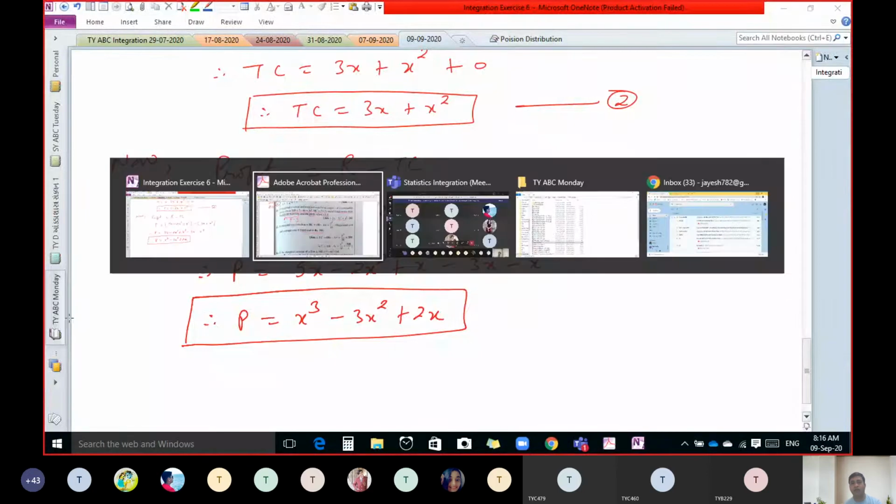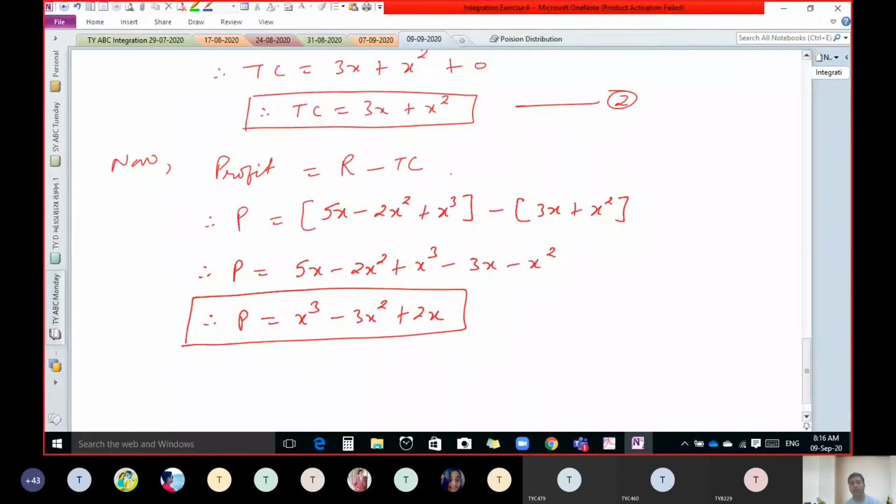And here we also have to find out profit when x equals 4. So if x equals 4, profit equals, put x equal to 4: 4 cube minus 3 into 4 square plus 2 into 4. 4 cube is 64, 4 square is 16, 16 3s are 48, plus 8.